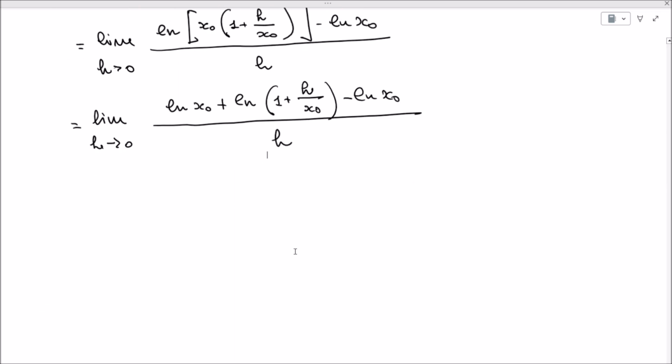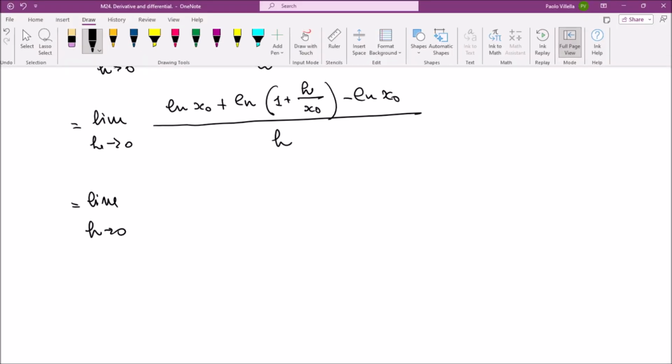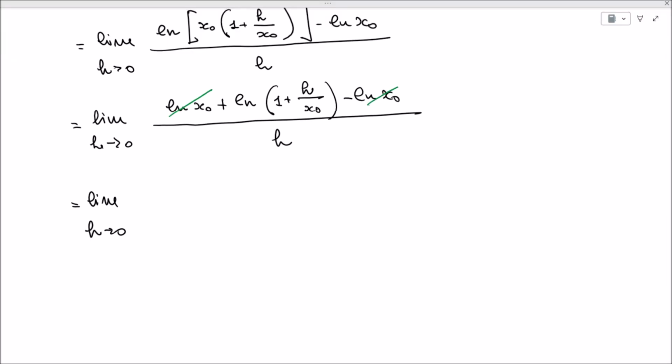Let's move down a bit. We have now the limit as h goes to 0, and we see that this and this will cancel out.